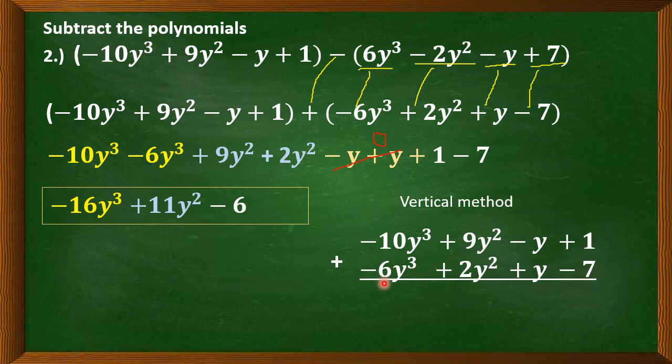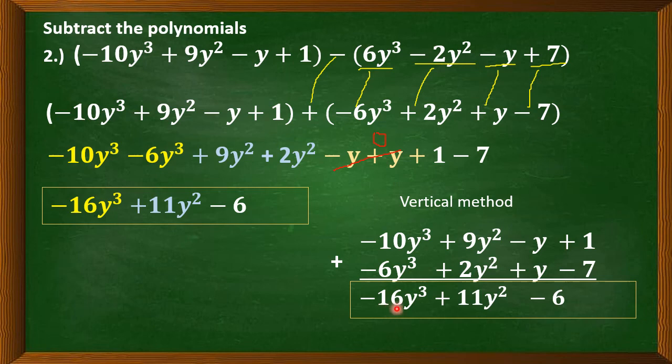So you add negative 10y cubed and negative 6y cubed. The answer is negative 16y cubed, 9y squared plus 2y squared is 11y squared. Negative y plus y is already 0, so no need to write 0. And 1 plus negative 7 is negative 6. So if you have observed, they have the same answer.